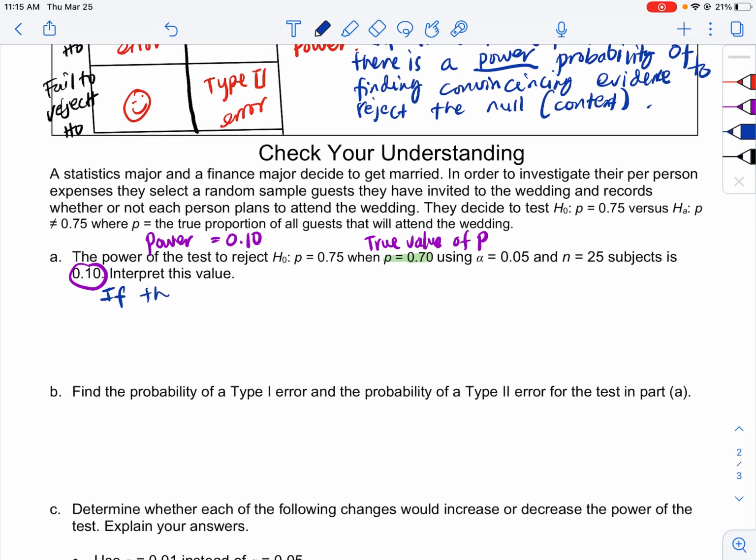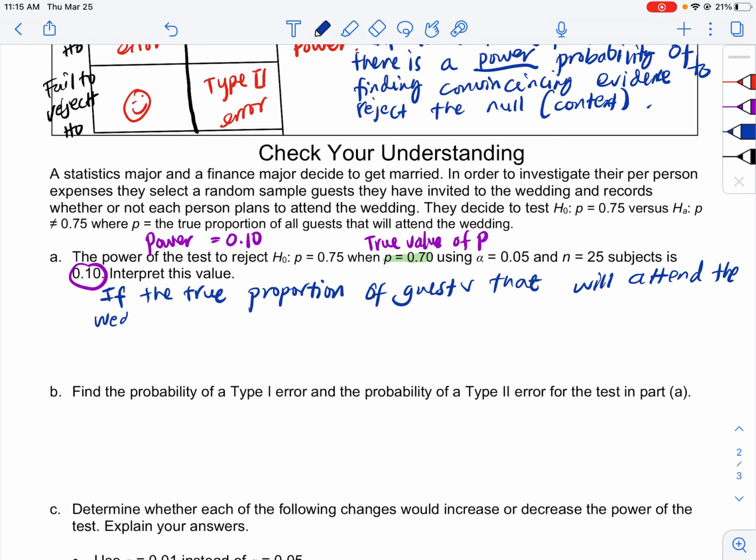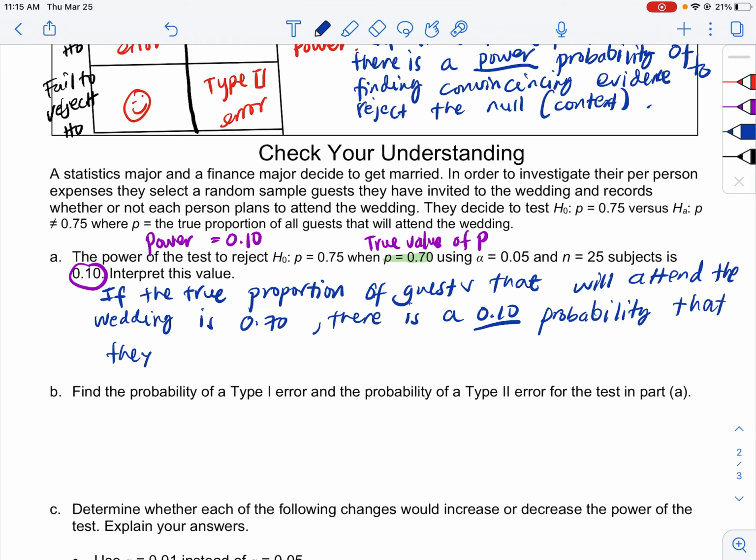So if the true proportion of guests that will attend the wedding is 0.70, there is a 0.10 probability, that's the power, that they find convincing evidence to reject the null.